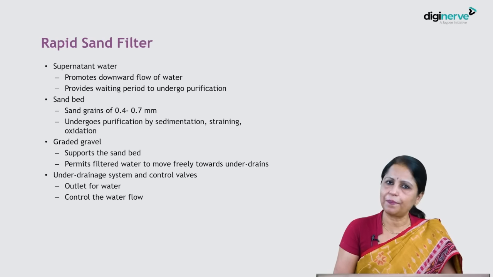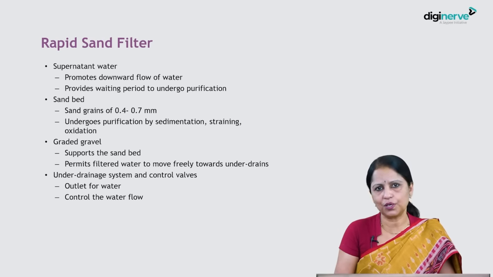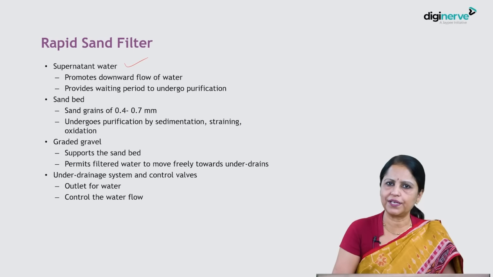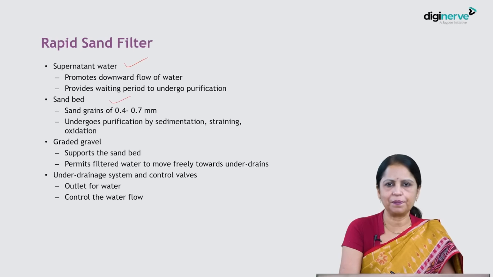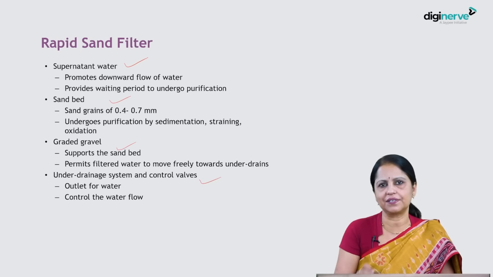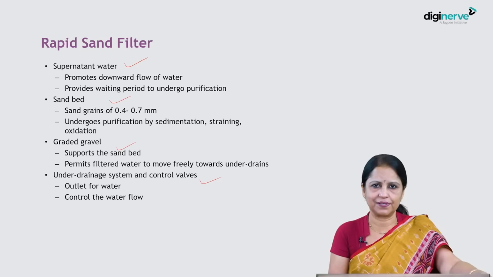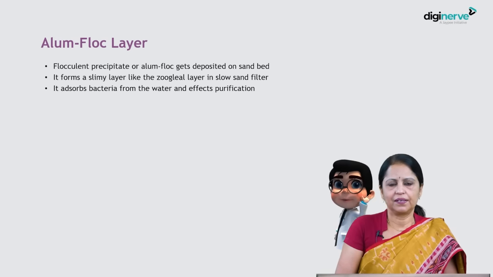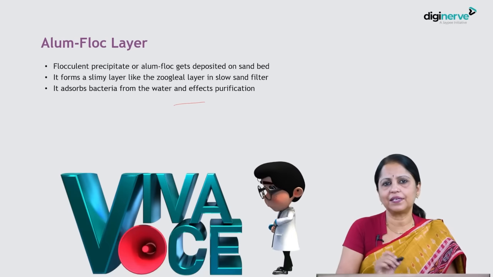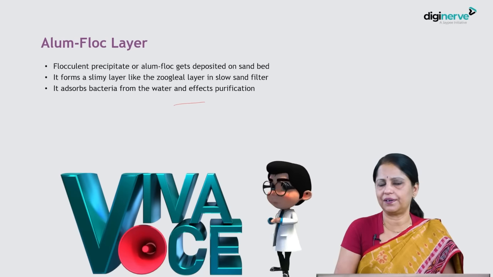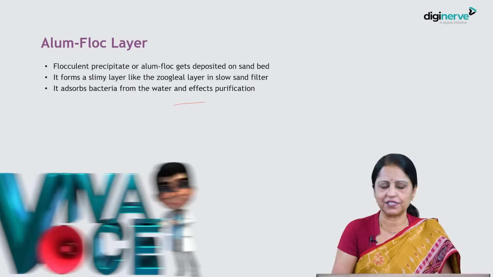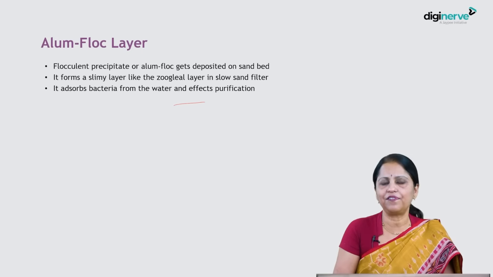So the parts of a rapid sand filter are similar to a slow sand filter, that is, there is supernatant water, then there is a sand bed, there is graded gravel, there is an under drainage system with control valves, same as the previous one. Here, like the vital layer or zoogleal layer I told you about in the slow sand filter, there is an alum flock layer.